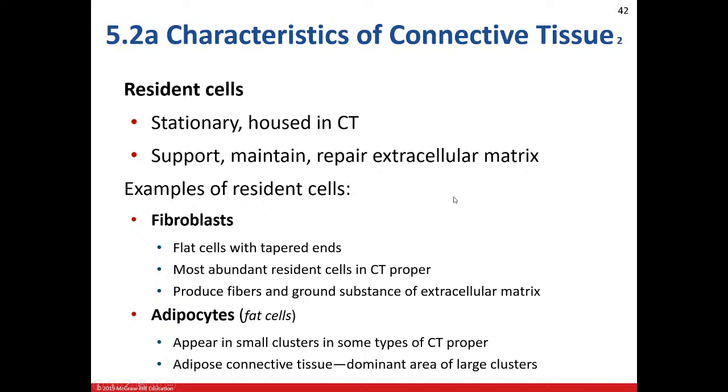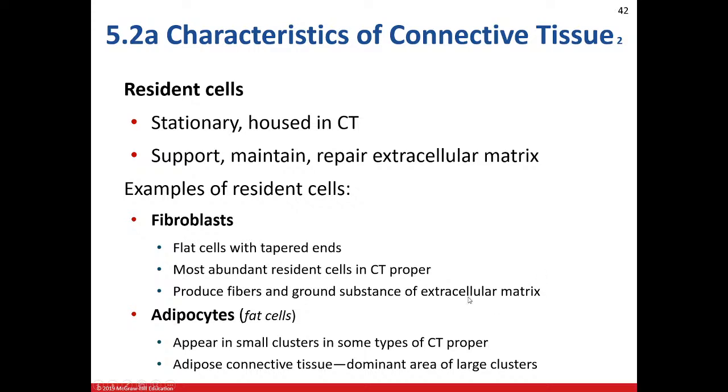All right, so the resident cells support, maintain, and repair the extracellular matrix. So the examples include fibroblasts. That's one of the main connective tissue cell types. They're abundant in proper connective tissue, which we'll talk about in a second, and they produce the fibers and the ground substance of the extracellular matrix.